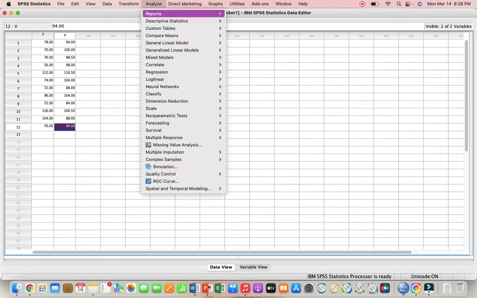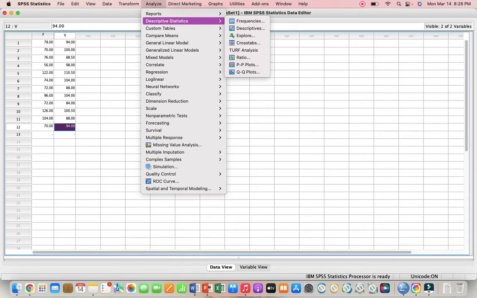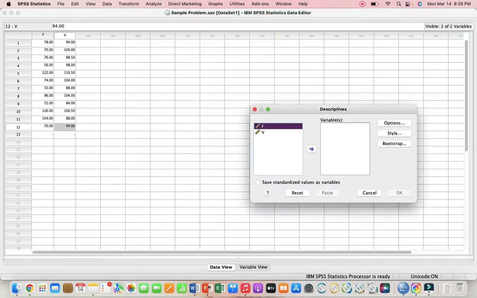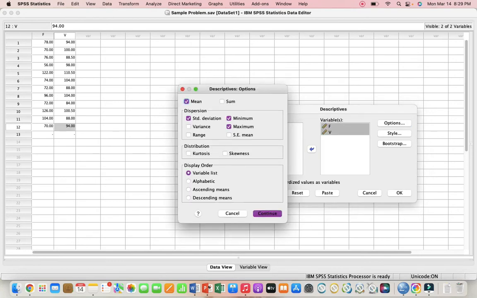So I go here to analyze, and then I will choose descriptives, and then I will input F and V in the variables and click options. I don't need to get the mean, I only need the standard deviation because we need the standard deviation to get the standard error of the mean.